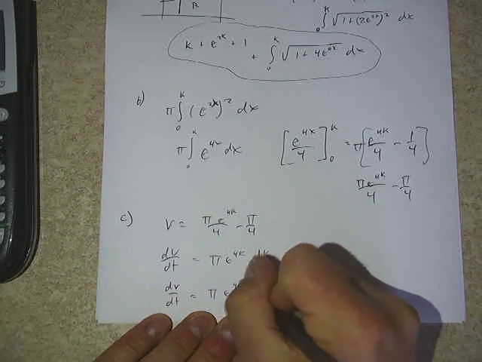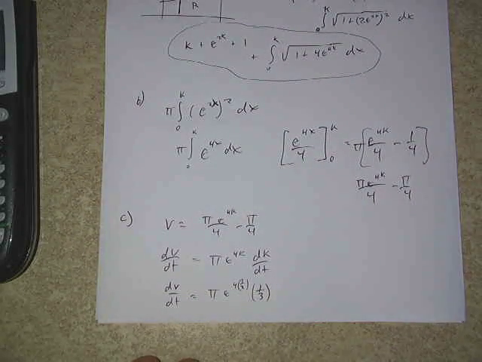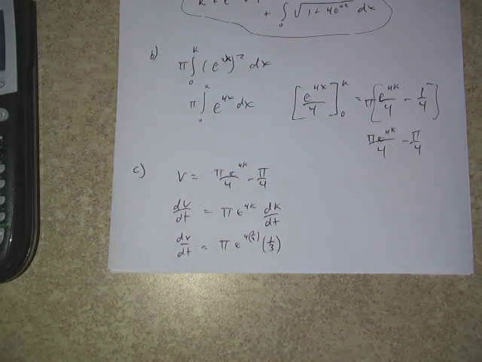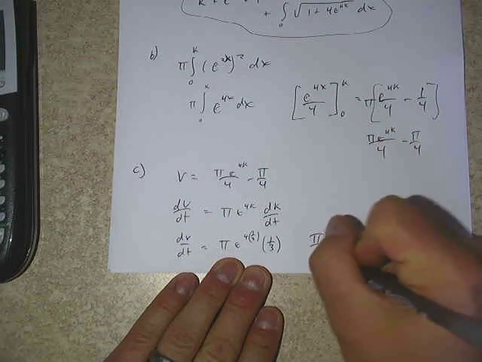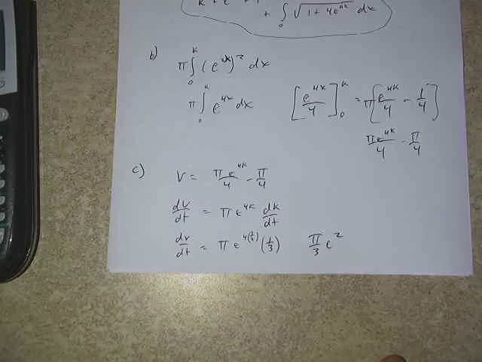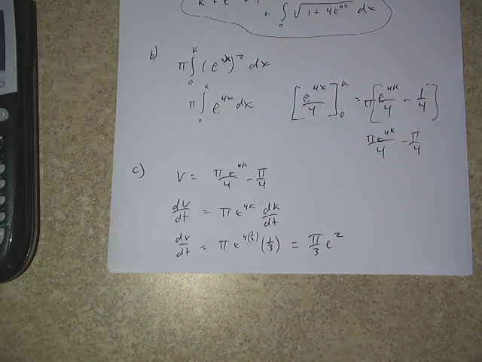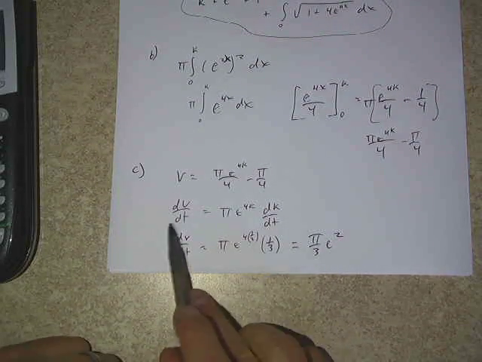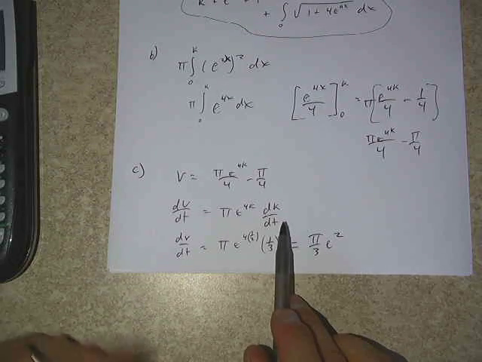And we know that we're looking for dv dt right here. And we know pi e to the 4 times k is a half, right? And dk dt is a third, it says. So if we put those numbers in there correctly, we got our expression for dv dt. So ultimately it'd be pi over 3 e squared. And that would do it.